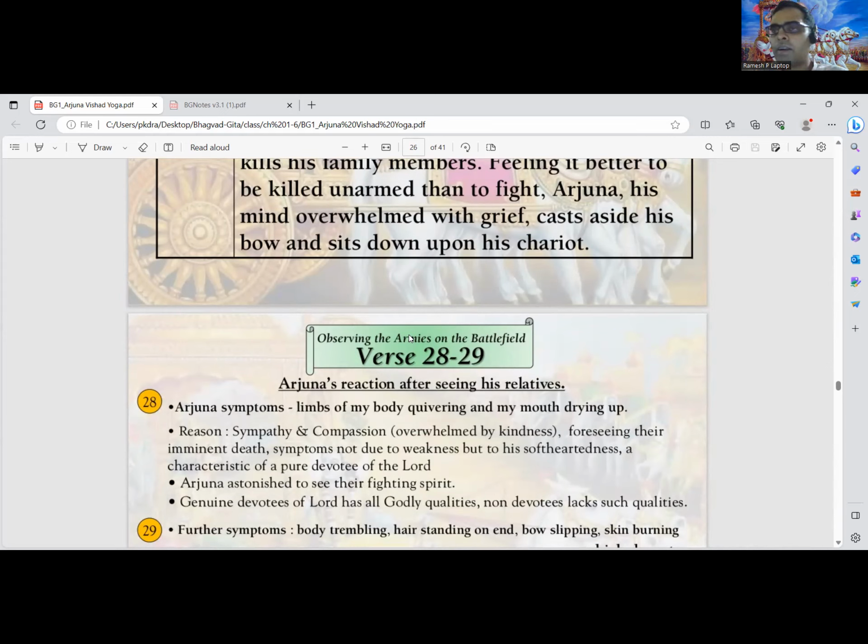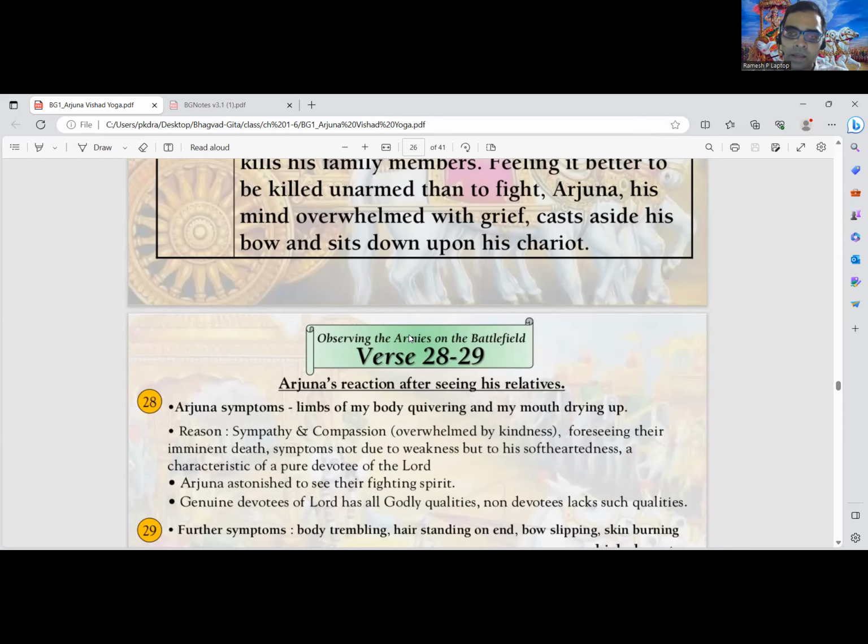He went into the relationship of all his relatives, and was thinking on the material platform. He was astonished, wondering how he could fight with them. That is where Arjuna's symptoms started.